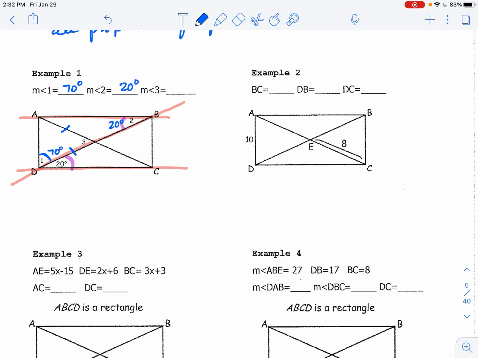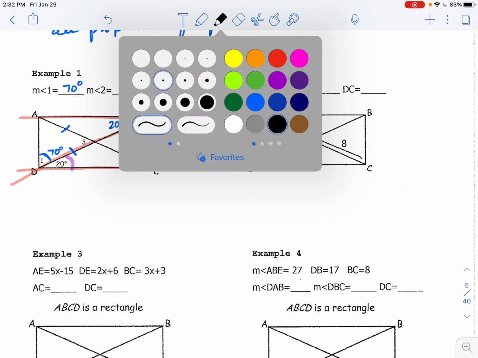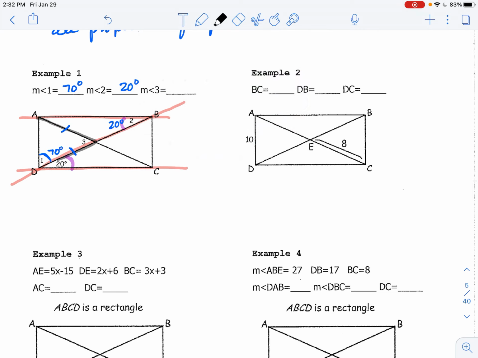And what we've got here on the left, I'm going to highlight this guy, is an isosceles triangle. If these are the two congruent legs, then I'm going to have two congruent base angles. So this angle is also going to be 70 degrees.